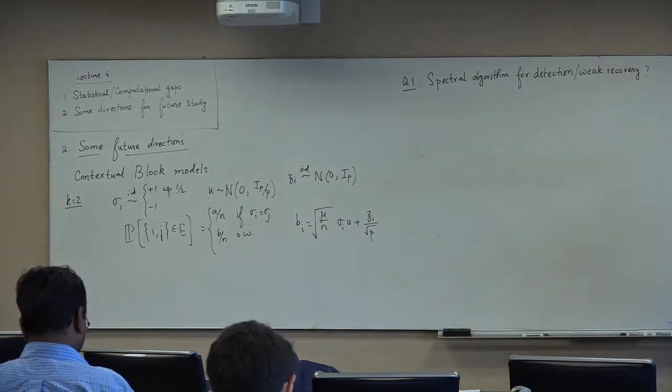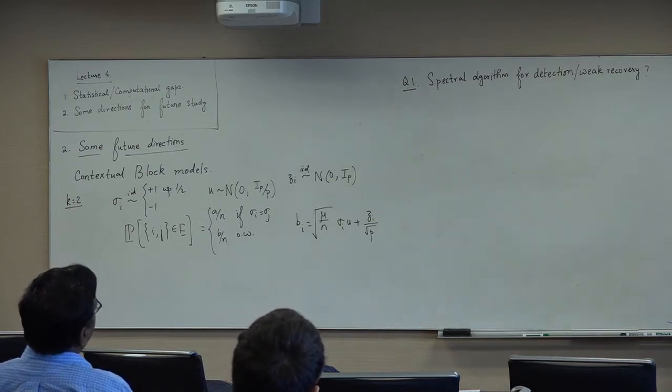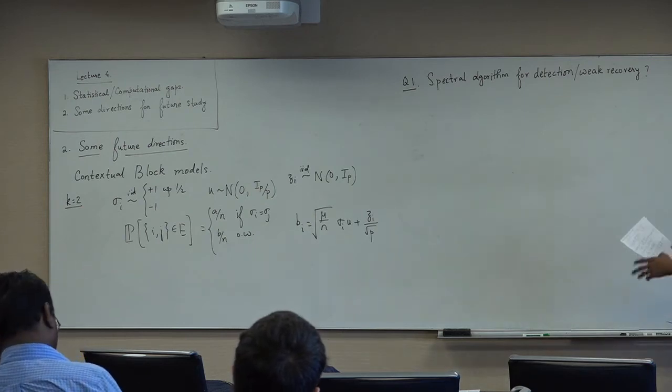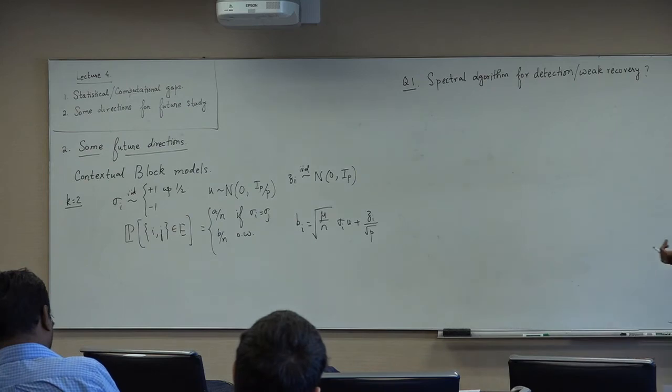This would be in the style of the non-backtracking matrix based spectral algorithm developed in the context of just the vanilla block model, and the results of Bordenave, Lelarge, and Massoulié that I described a few lectures ago. So what would be the analog of such a spectral algorithm in this setting?